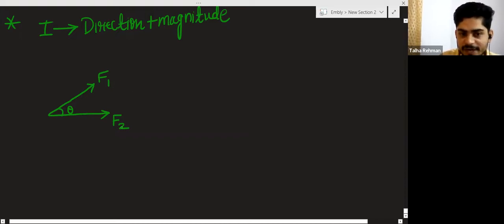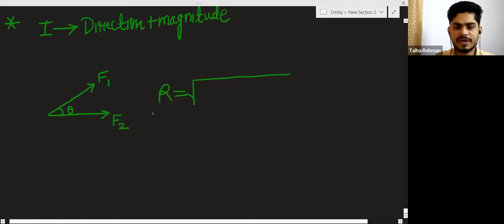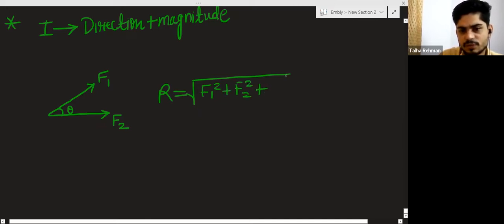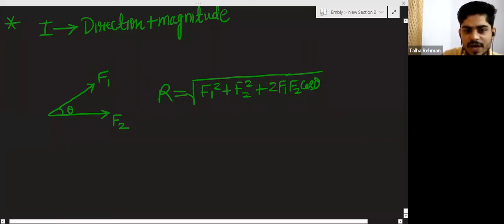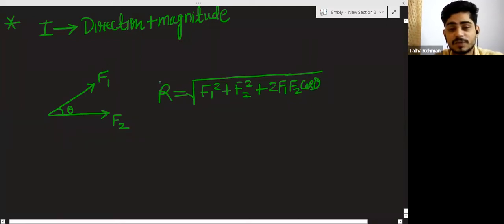If I want to find the resultant, the law of vector addition is simply the resultant of two vectors. The formula for the resultant is the square root of F1 square plus F2 square plus 2 F1 F2 cos theta. R is the resultant of these forces, the net force. These are two vector quantities, and the net force depends upon theta.